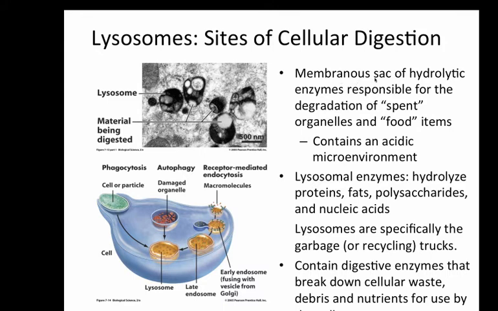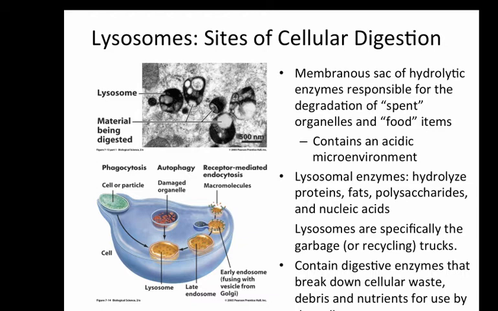So lysosomes are sacs of hydrolytic enzymes, and they're responsible for degrading the old, if you will. They retire the old organelles. They're responsible for degrading food items. Inside of these lysosomes is an acidic microenvironment, a pH of about 5. Okay? And you recall anything less than 7 is acidic.